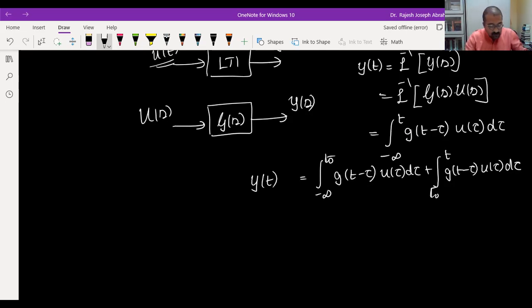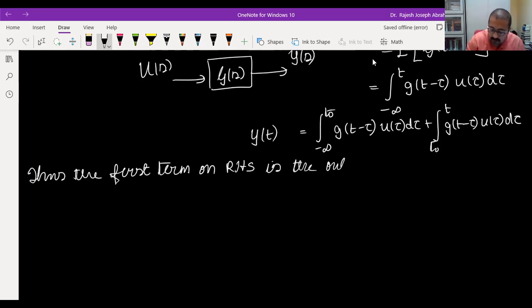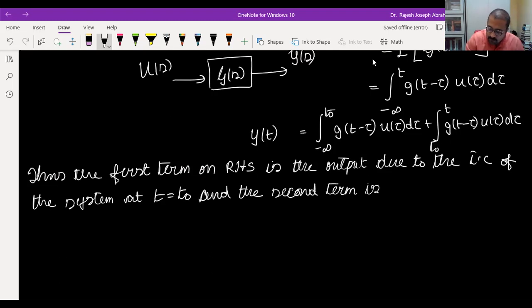Okay, so let me write here. Thus, the first term on RHS is the output due to the initial conditions of the system at t equals t naught, and the second term is by virtue of the system input.